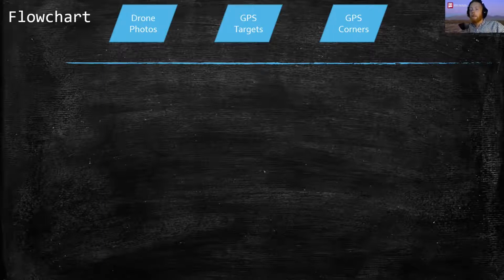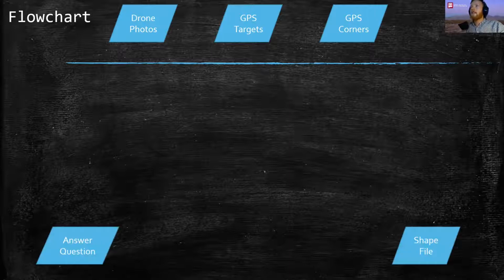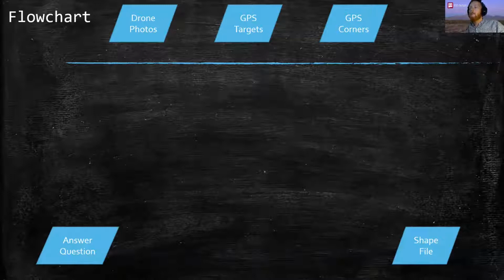And what we're aiming to get out of here is to answer the question that I asked in the field of which one's greener, which one has less soil showing. And then we also want a classified shape file that we can feed into a tractor. So how do we get from data to these two outputs?